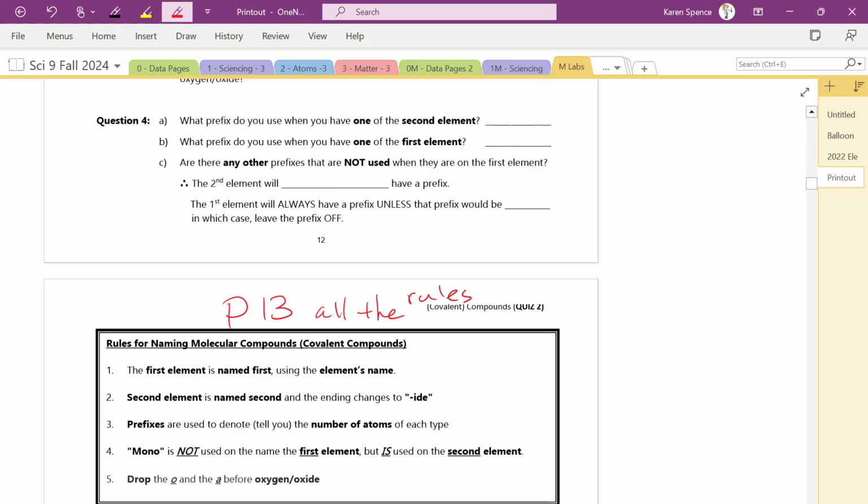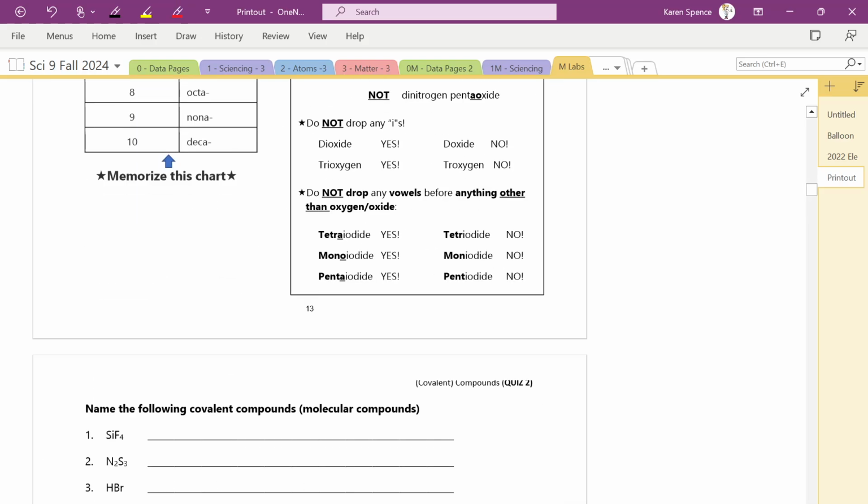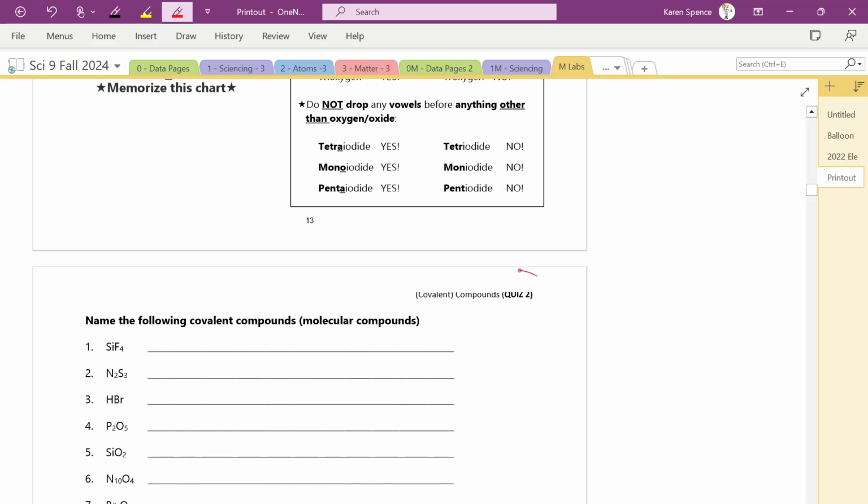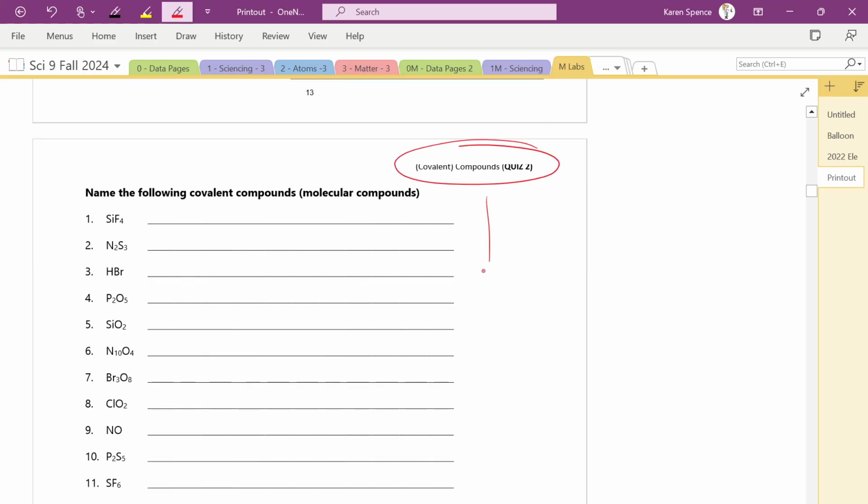So if you're not remembering them, you can refer to page 13. And if you have finished quiz number 1, you can work on doing these ones. Okay? That's page 14. And if you have not yet done quiz 1, you can do quiz 1.